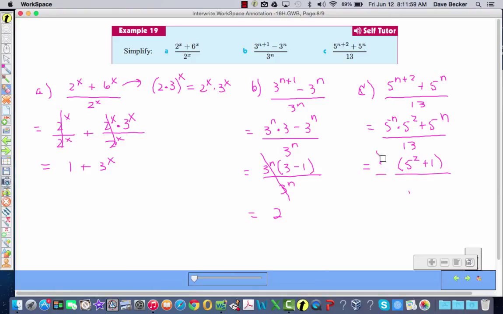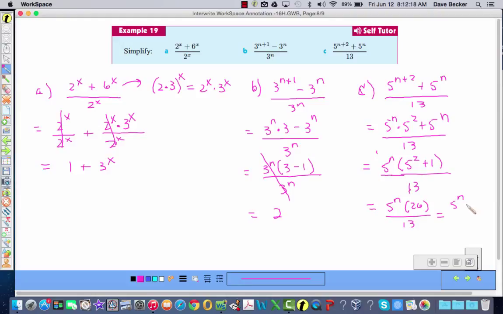Sorry, lost my mind for a minute there. So that's 5 to the n times 26 over 13, which is going to end up being 5 to the n multiplied by 2. And generally, rewrite the whole number first. All right, so there you have that.